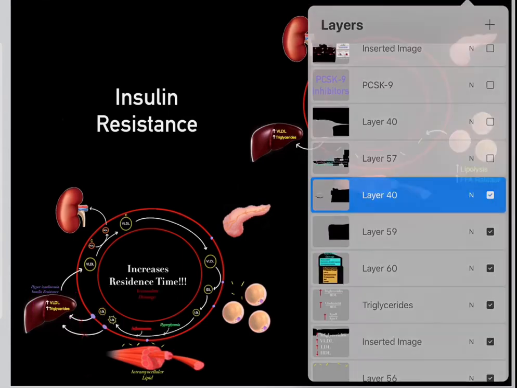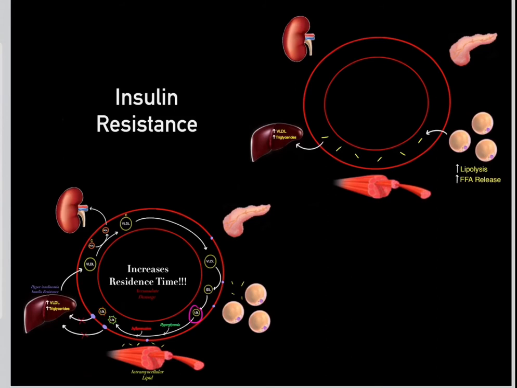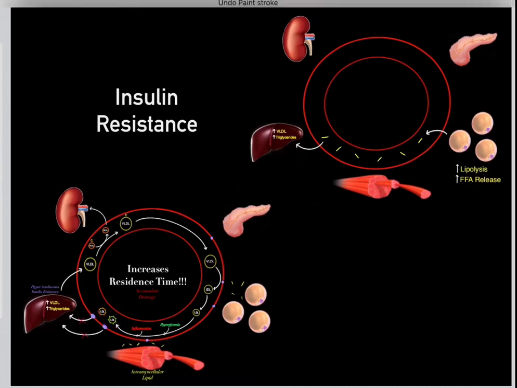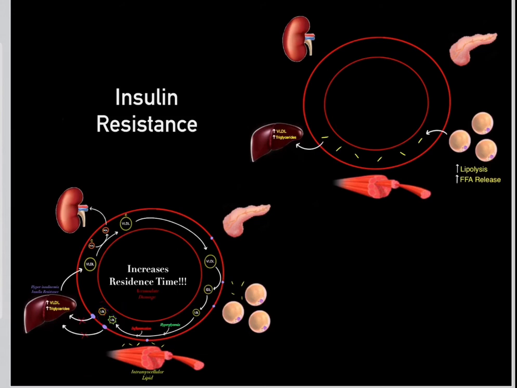However, what's important to realize is these LDL particles in an environment of hyperglycemia and inflammation become chemically modified into glycated LDL and oxidized LDL. So these chemically modified LDL particles are not as well recognized by the LDL receptor. Therefore, it takes a longer time for them to be taken up by the LDL receptor into the liver. So these LDL particles stay in the bloodstream for a longer period of time. They have a higher residence time.